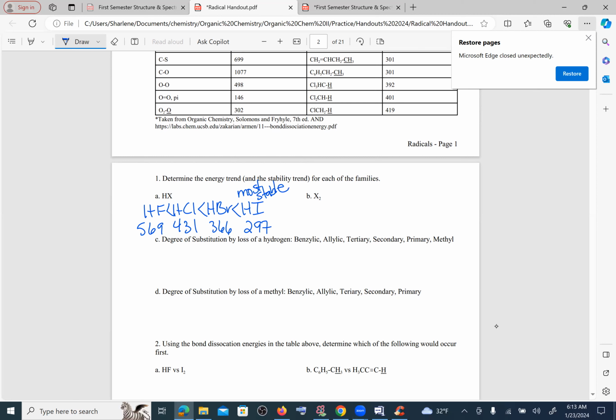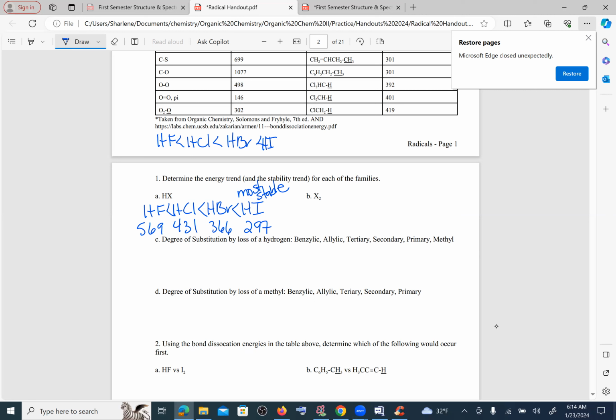Okay, so there's one trend that we know. So HF is less than HCl, which is less than HBr, which is less than HI.